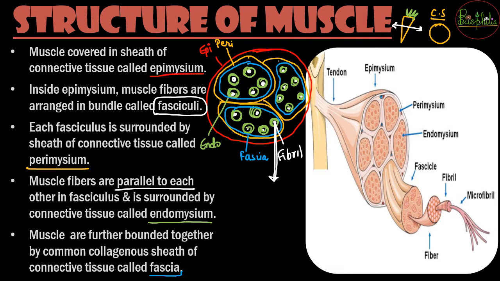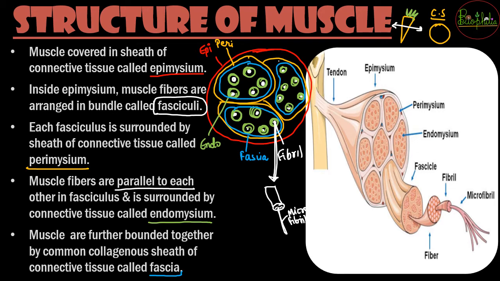There are going to be even smaller structures inside, and when you take these smaller structures out, that will be called a microfibril. And this microfibril is going to be the smallest portion that you are going to study in just a few minutes.